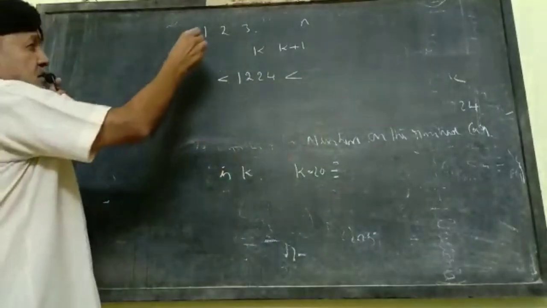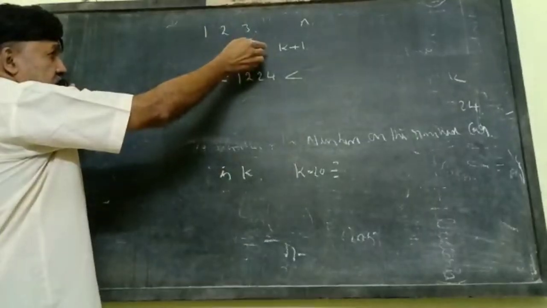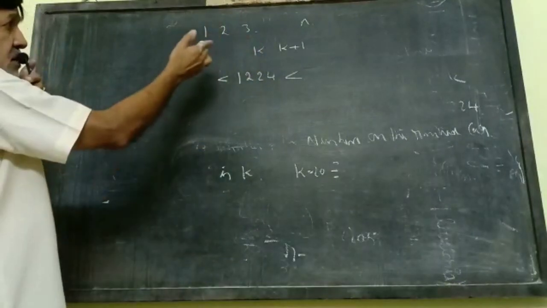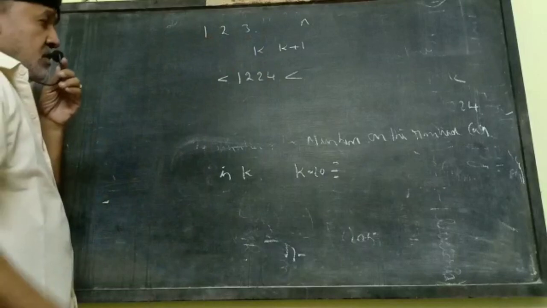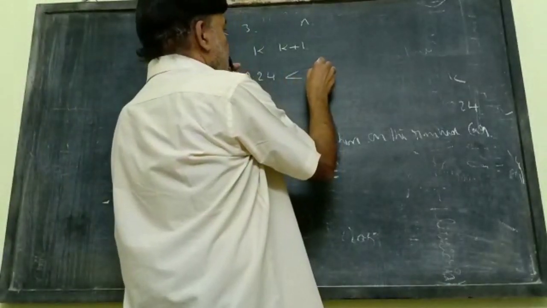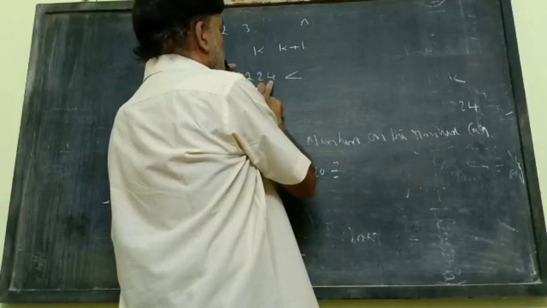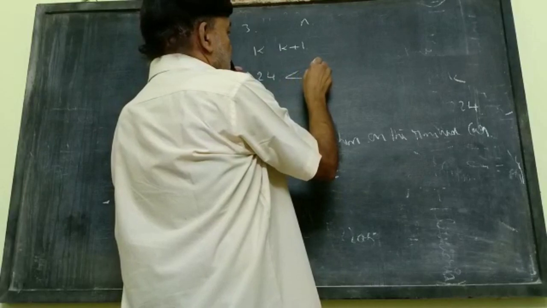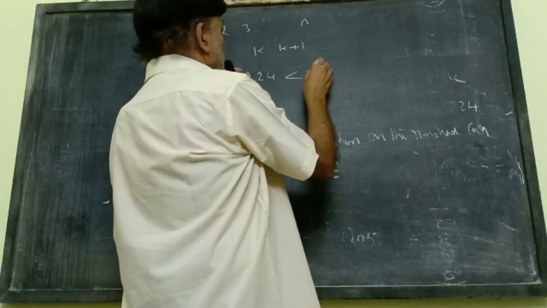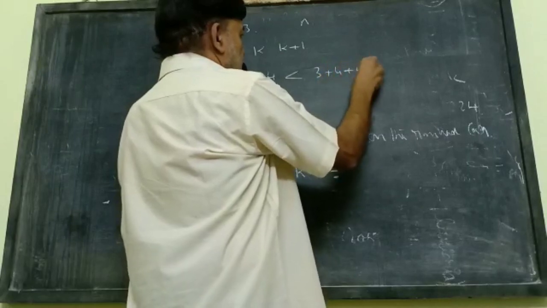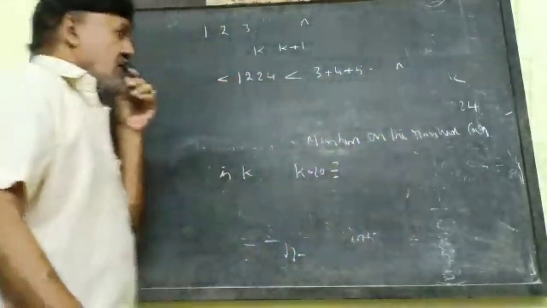Let us say the k value is 1. Then k plus 1 is 2. Then you will get the maximum sum, so 1224 will definitely be less than 3 plus 4 plus 5 up to n.